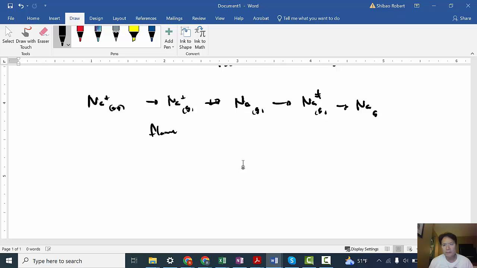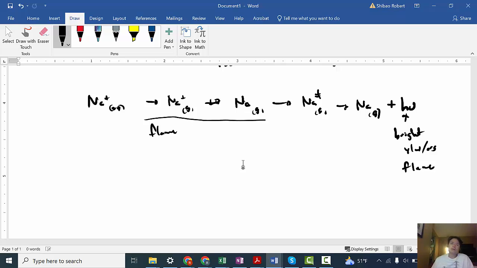Eventually, electrons will drop back down to a ground state, giving the electronic configuration, plus a photon. This one is a bright yellow or bright orange, yellow-orange flame.